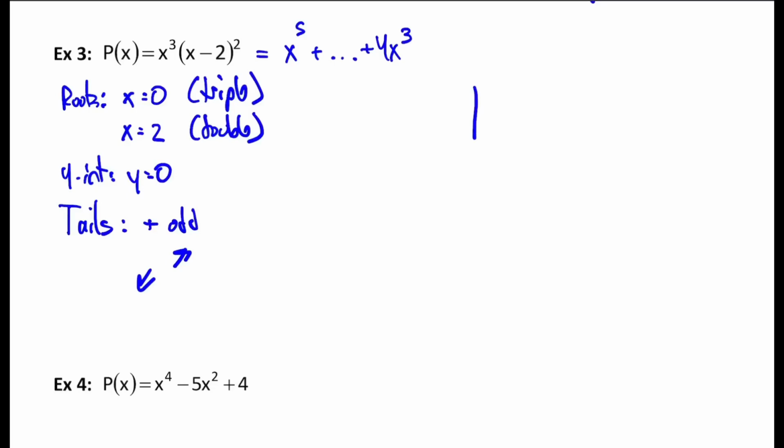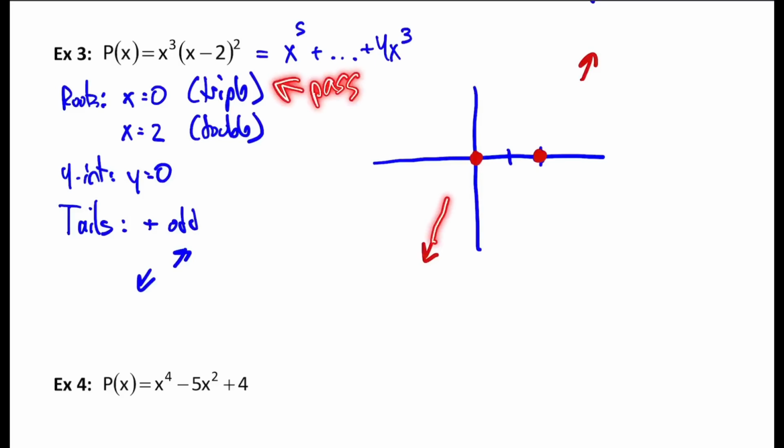All right, let's make a sketch. 0 and 2. So let's go through those 2 points. I'll use a different color. And my tails. Sometimes it's helpful to put the tails in first. Helps you visualize, all right? So at 0, remember, that's going to pass through.